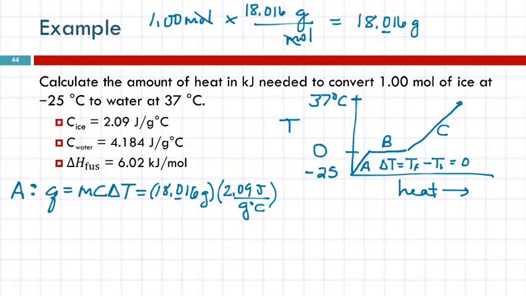The initial temperature was minus 25. So I'm taking 0 minus negative 25. The change in temperature is 25 degrees. It's a positive number because the temperature went up. Minus 25 is colder than 0. It went up 25 degrees.